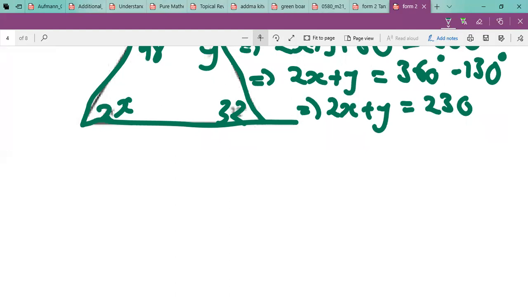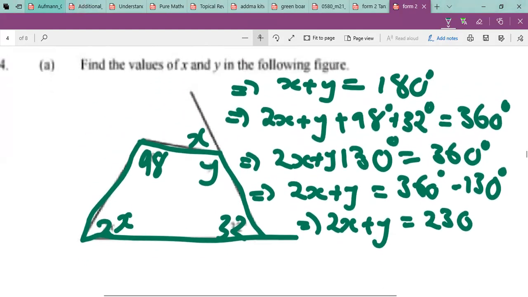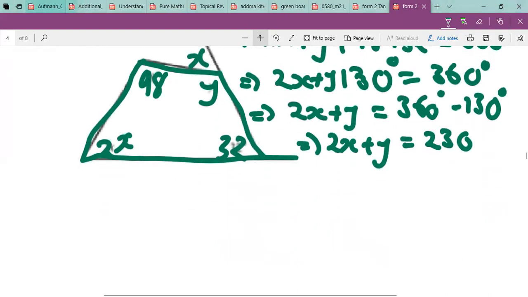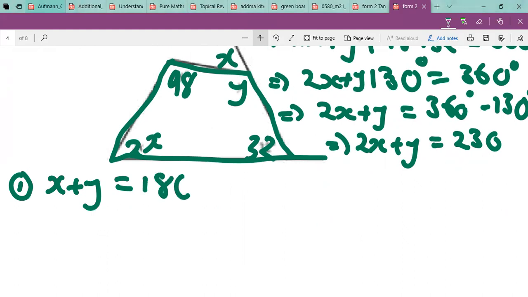The first equation is the one that is on top, so the first equation is x plus y is equal to 180.